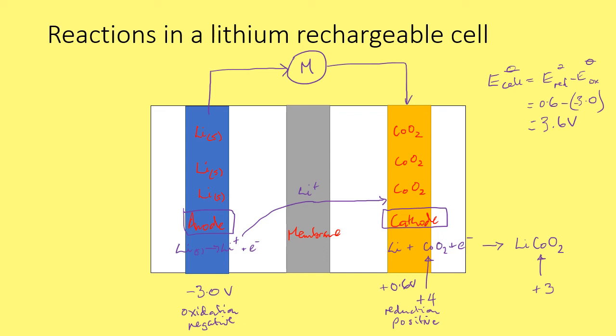Just before we finish, let's do the last thing, which is recharging. When you plug it in to the power supply, the power of the mains makes the electrons go around in the opposite direction to the way that they want to go.